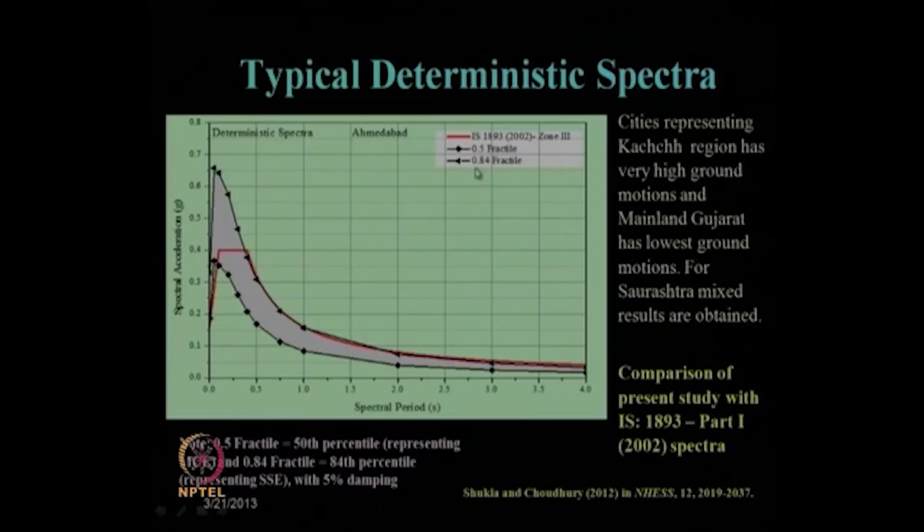And what is that 0.84 fractile? That 0.84 fractile is the 84th percentile, which represents SSE. SSE is nothing but safe shutdown earthquake. I have already mentioned this in the beginning of this module. What does it mean? 84th percentile means there is a 16% probability of an earthquake occurring that exceeds that value.